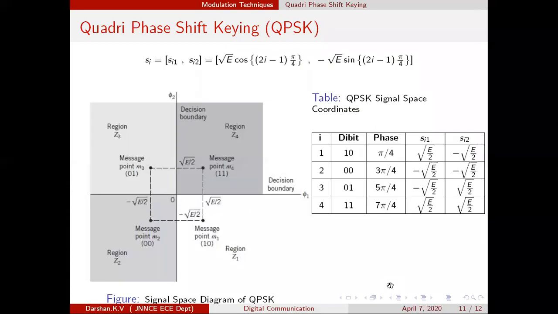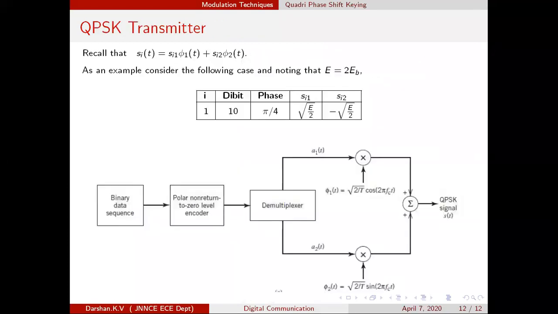From this equation only, we are going to derive the block diagram. This block diagram has not been simply written; it is derived from the basic equations. All of you know polar non-return to zero, but what does that mean? What would be the use of demultiplexers? All would be explained by taking one example, which we are going to do in tomorrow's class.